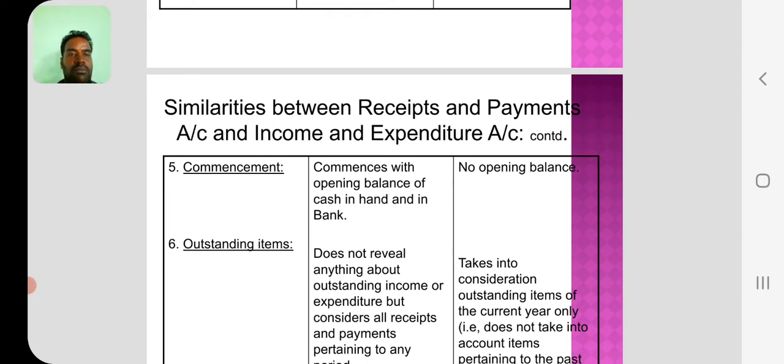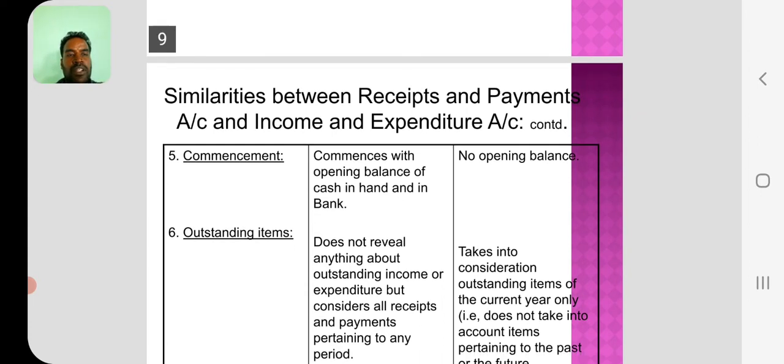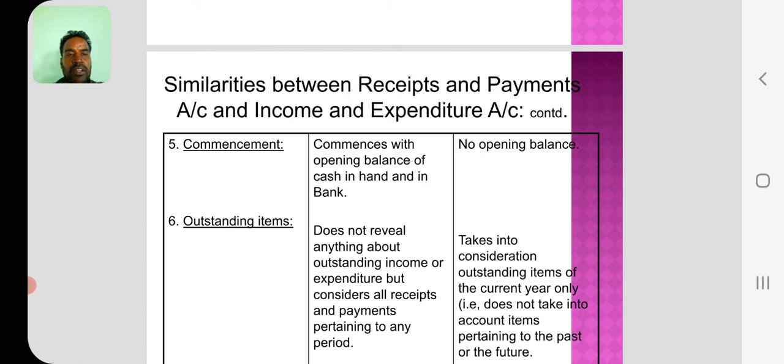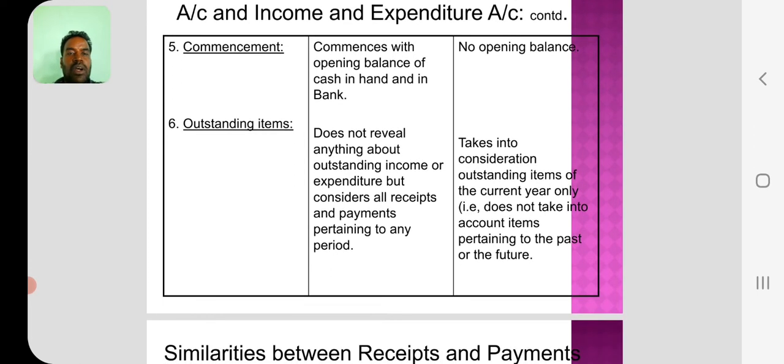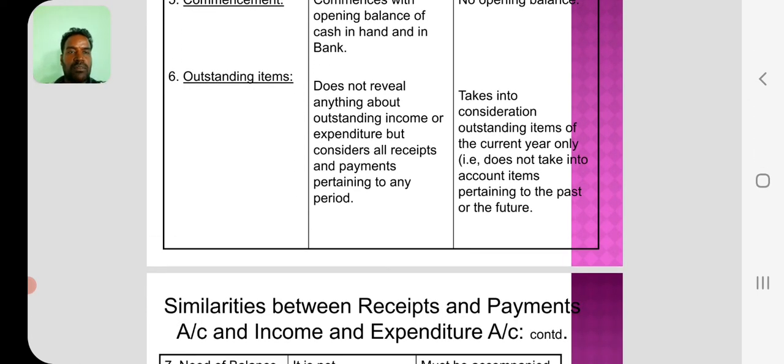Commencement: receipts and payments account starts with cash balance or bank balance, the opening cash balance or opening bank balance. Coming to income and expenditure, there are no opening balances. Outstanding items: receipts and payments account does not reveal anything about outstanding income or expenditure, but considers only whatever receipts and payments are done pertaining to the particular period.